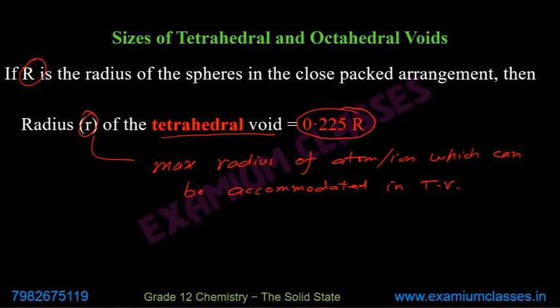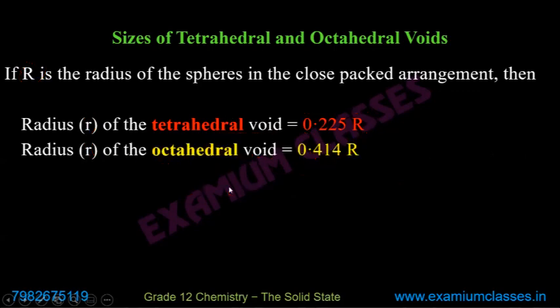So it is actually the radius of that ion, not of the tetrahedral void itself. Similarly, the radius of the octahedral void will be 0.414 R. Means the maximum radius of the ion which can be there in the octahedral void will be 0.414 of the radius of the atoms which are forming the lattice.